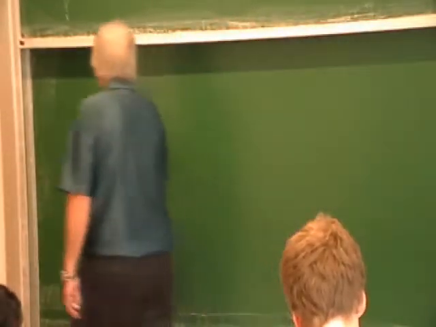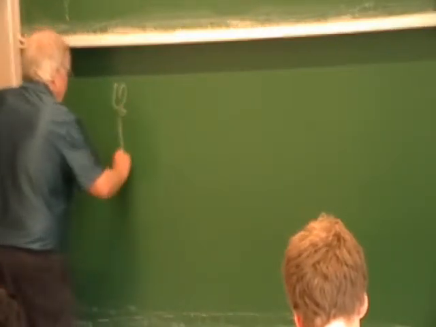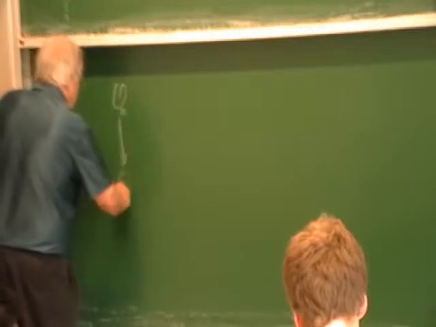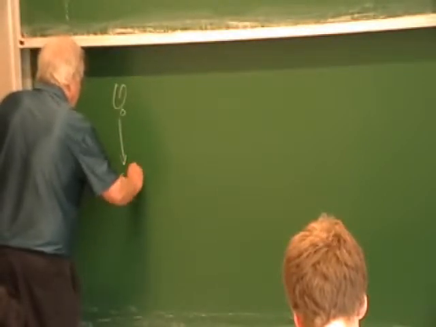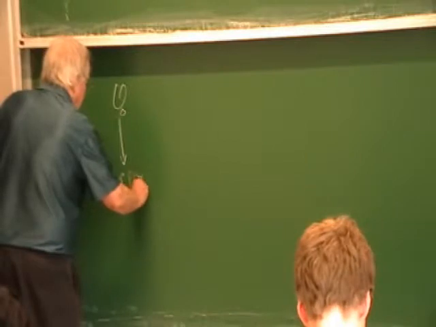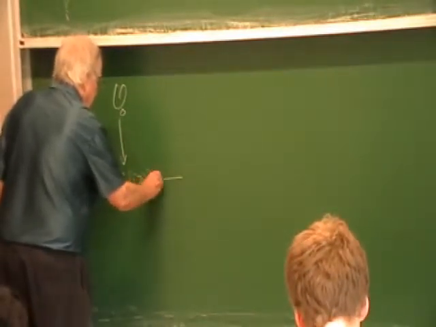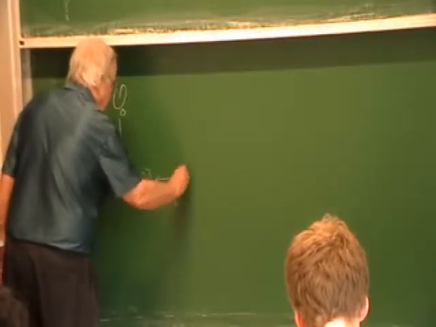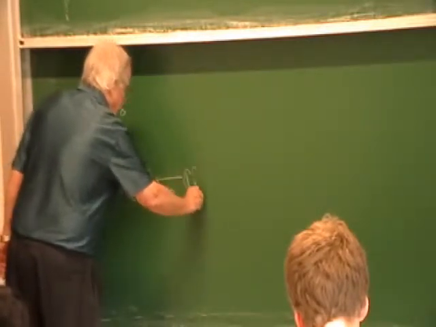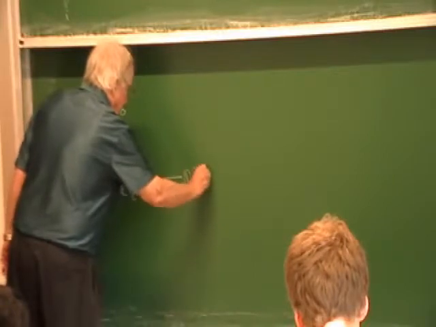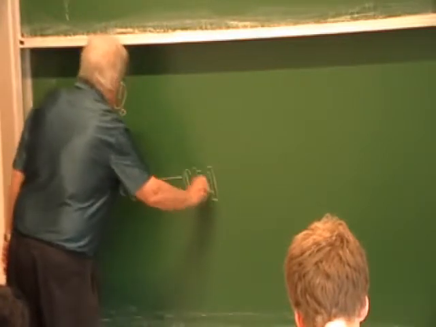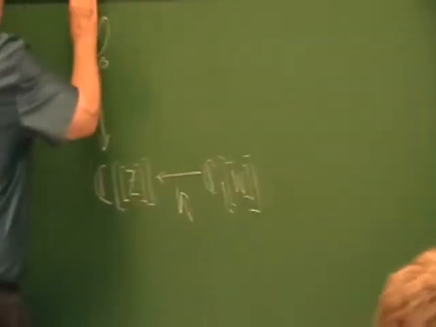That means that Bob is this. Z is the coordinate.